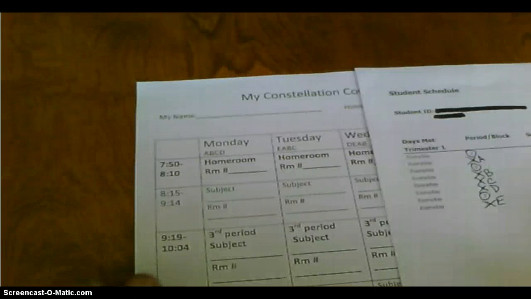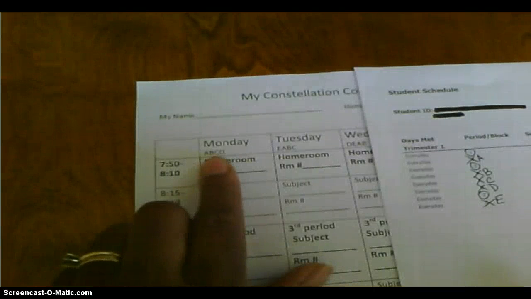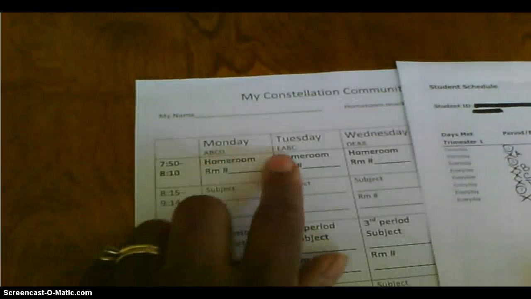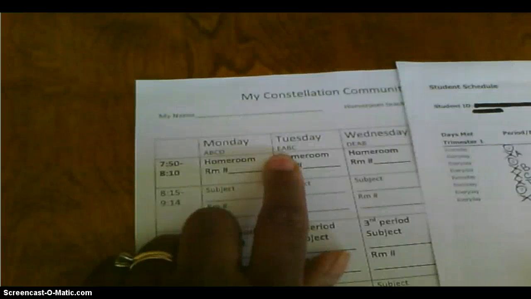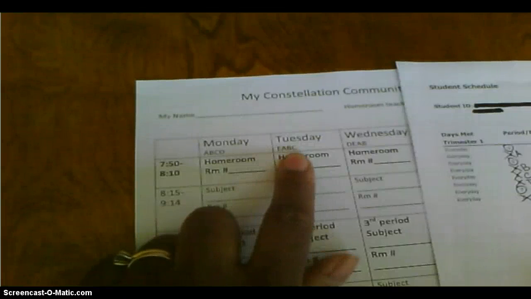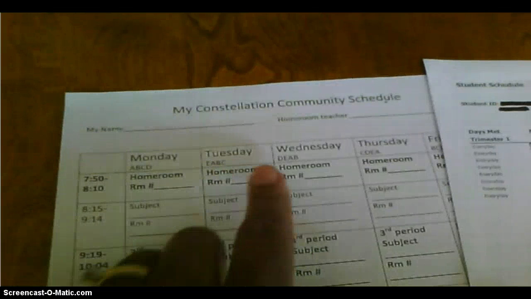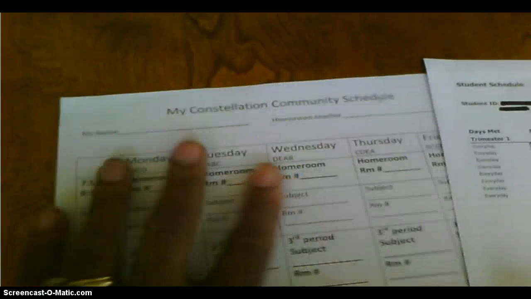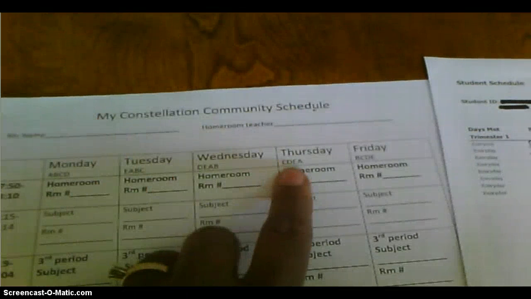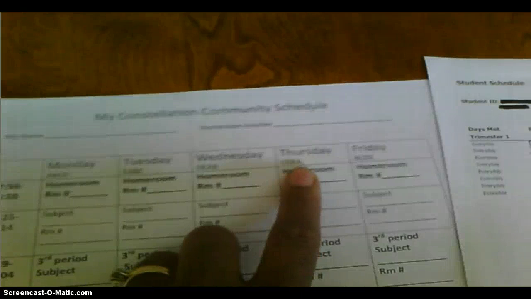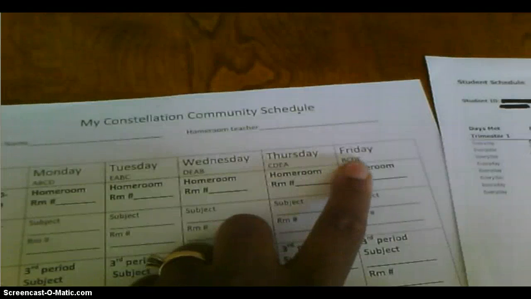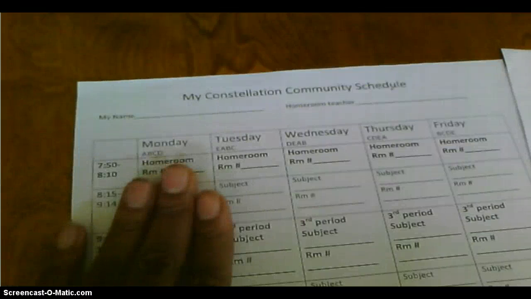On Monday, you're going to see blocks A, B, C, and D. On Tuesday, you're going to start with E, and then you'll also see A, B, and C. On Wednesday, we're going to start with D and then go E, A, B. Thursday, you will see classes C, D, E, and A. And on Friday, you're going to see blocks B, C, D, and E. So it's a rotating schedule. What we're going to do is fill in your schedule for each day.